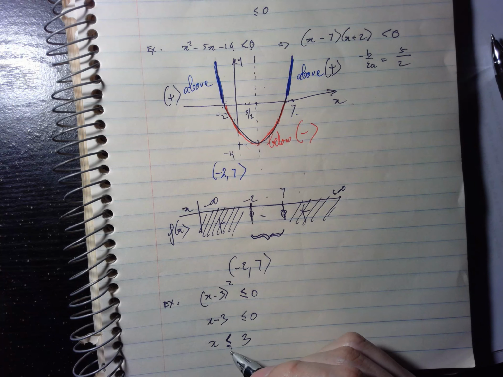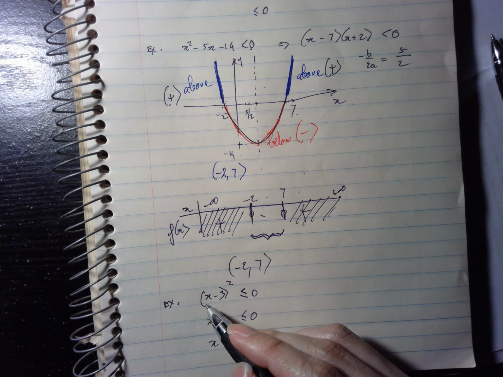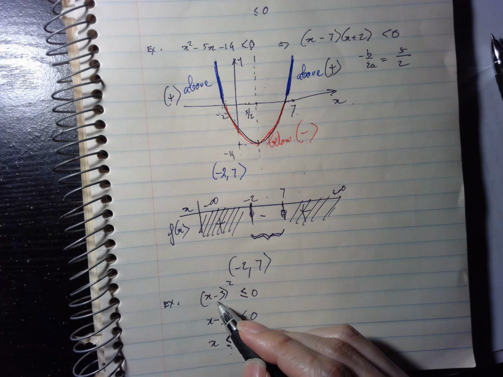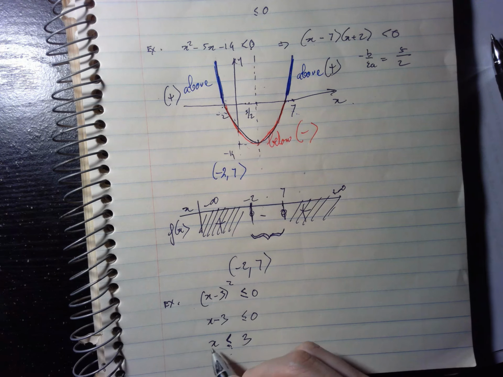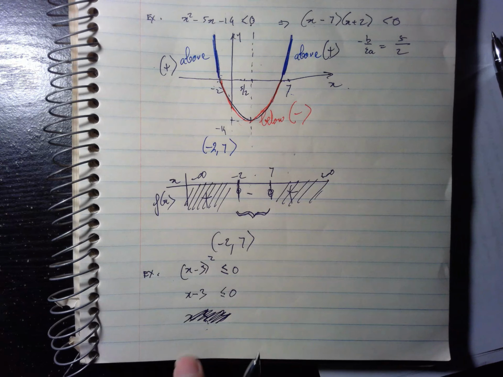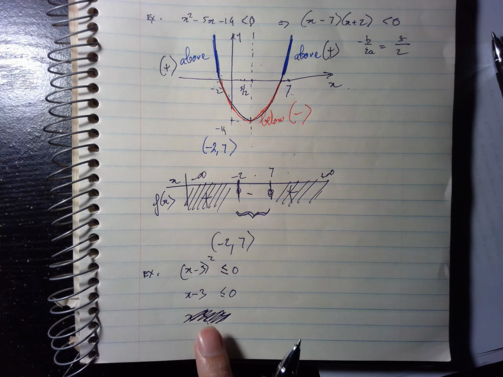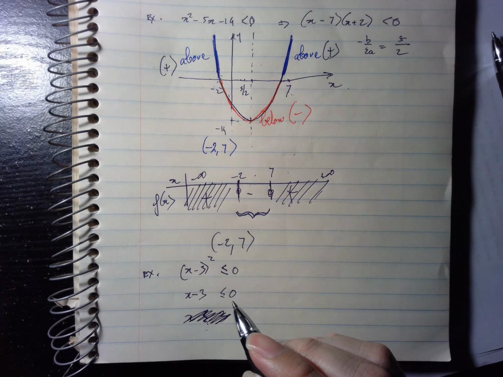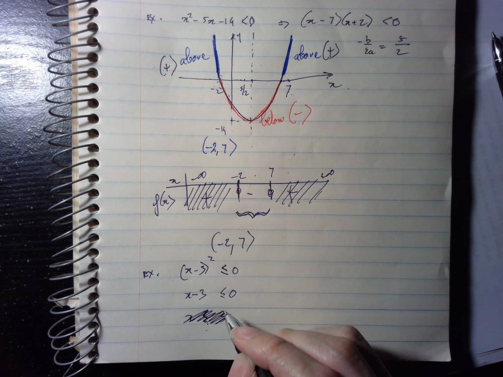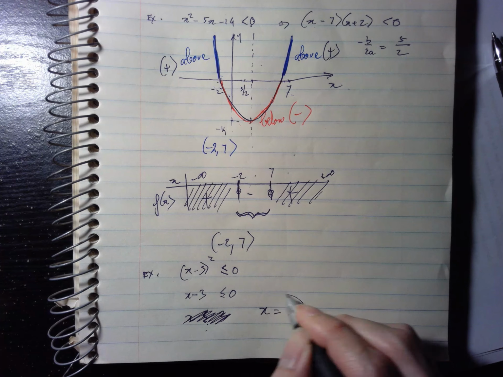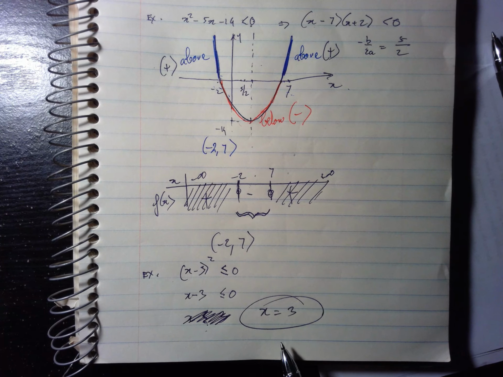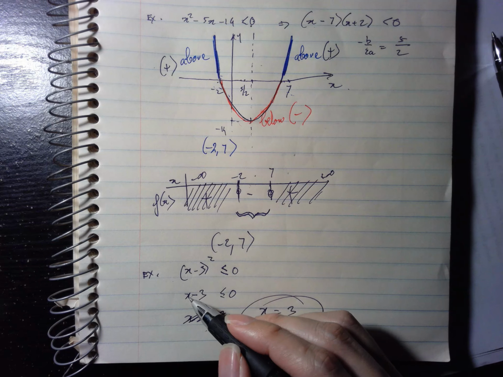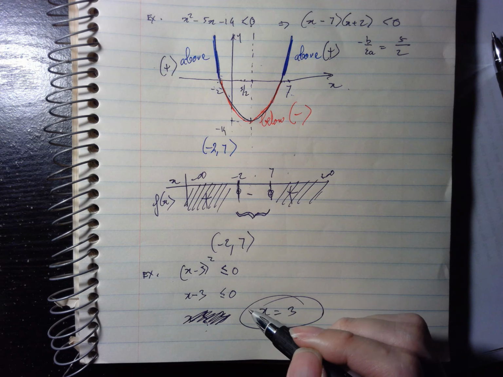This doesn't make sense, because if x is, for example, 2, then 2 minus 3 is negative 1, and negative 1 squared still gives you positive. So this doesn't work. A lot of students commit the same mistake right here, so you must be very careful. In order to get equal, your answer is just x equals 3. x equals 3 is the only value that satisfies the inequality.